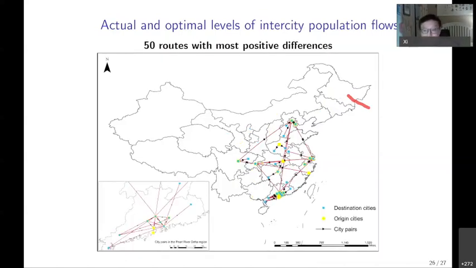And in comparison, there are 50 top routes that need to strengthen their travel restrictions because their optimal travel restrictions impose even stronger limits than what they are actually doing. So here, especially if you look at some cities in Guangdong province, Guangzhou, Shenzhen, those are the cities that really need to strengthen their restrictions in order to match their optimal travel restrictions according to the coordinated social planner problem.